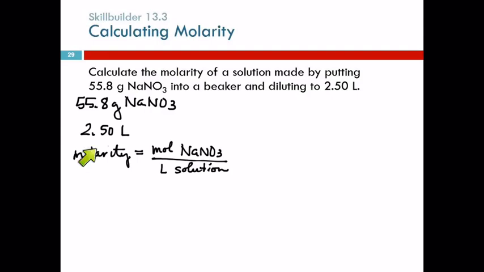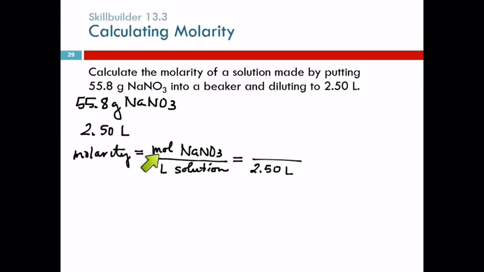Yes. 2.5 liters. That's the volume of the solution, diluting to 2.5 liters. They didn't say they added 2.5 liters of water. They said they diluted it, they added water until the volume was 2.5 liters. So we know the denominator, 2.50 liters.